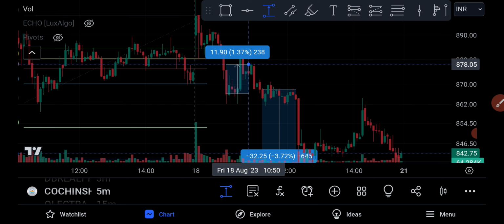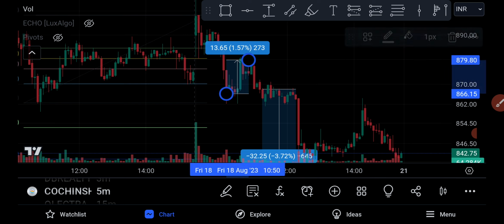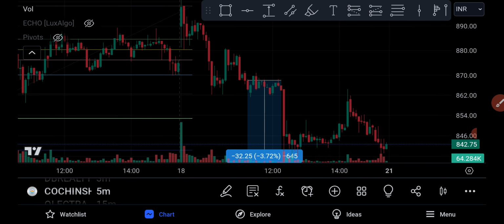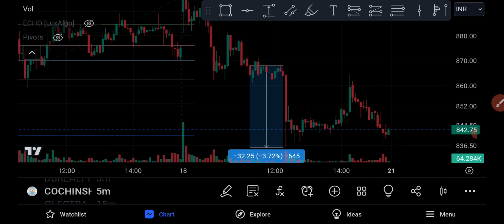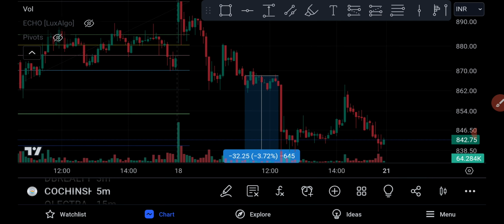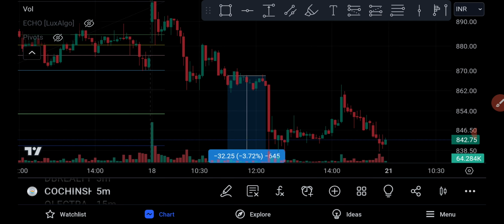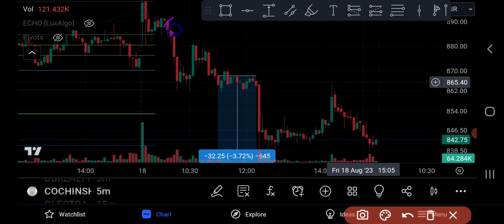Next, what happened in the market? It drastically came down and sustained at this point. Only with experience can you trade here, otherwise this could blow you away. So the perfect entry is always important in stocks. Candle psychology is also important. As you can see here, 1, 2, 3, 4, and the continuous fall, remember.